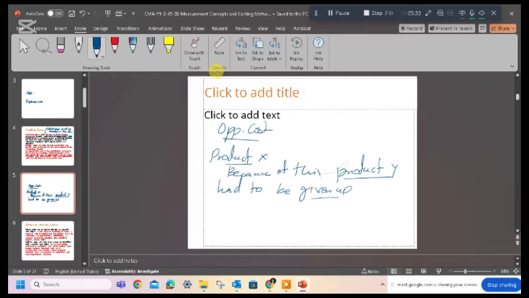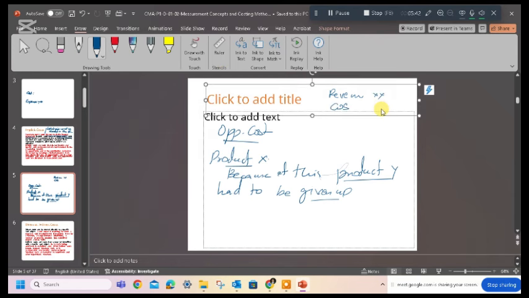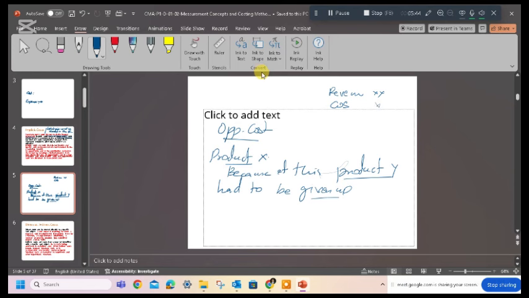Now when you prepare product X's profit statement, you will take revenue, cost of sales, gross profit, other income and expenses, then profit.